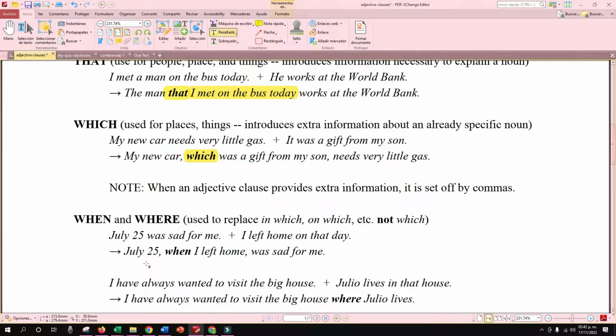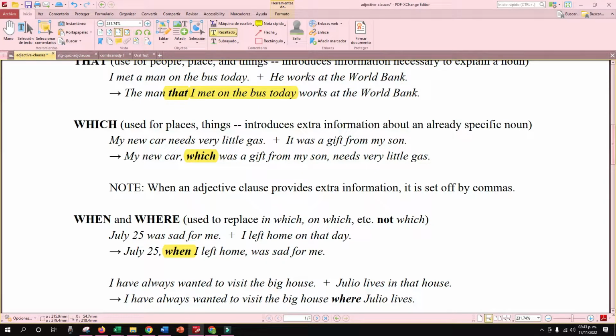So July 25th, when I left home, was sad for me. Again, you're talking about a time, a date, so when replaces which in this case.